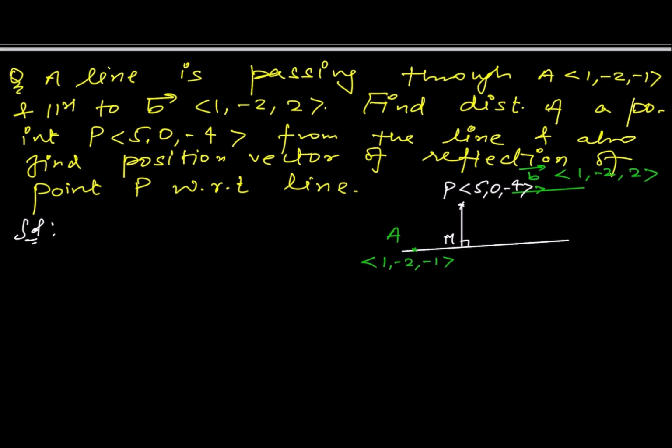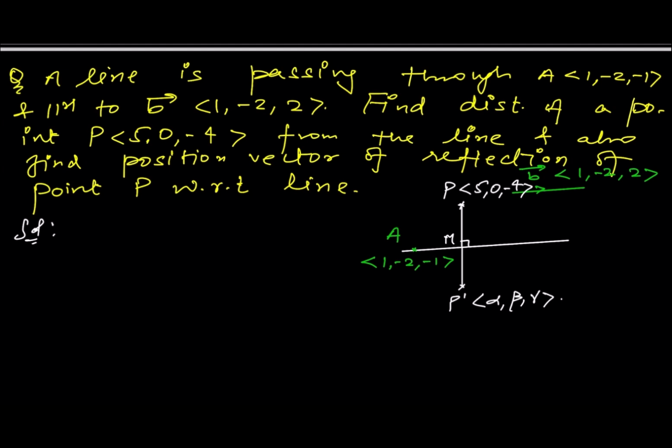Say if I extend beyond this M in the opposite direction, say P dash is the reflection of P, and say this is alpha, beta and gamma. So I also have to find this alpha, beta, gamma. So these two things I have to find.